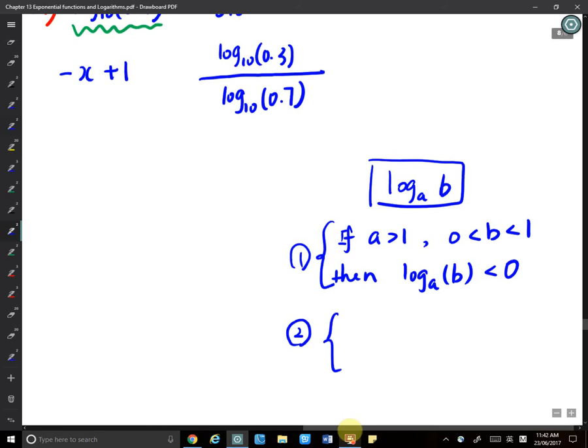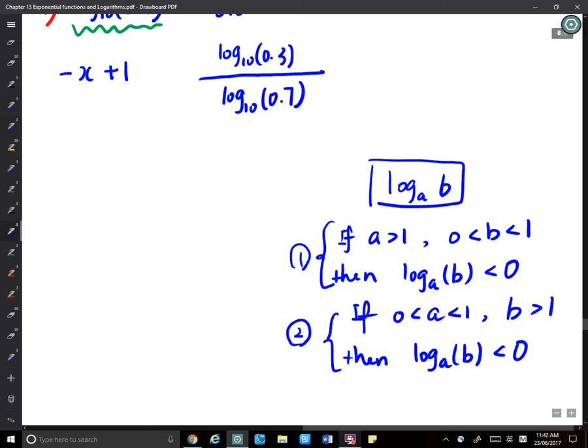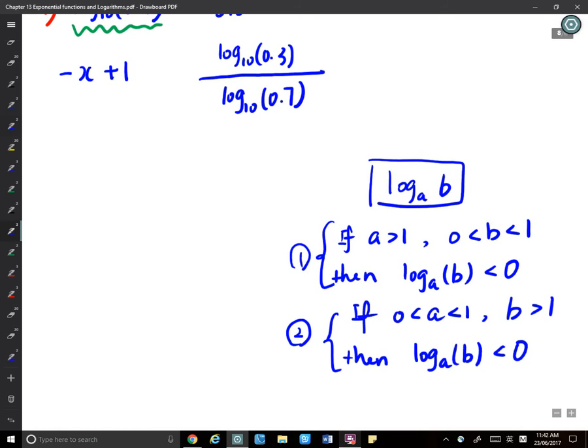Second case, if A is in between 0 and 1 and B is greater than 1, then log base A of B is negative. Basically, you just have two different sets of numbers, 0 to 1 and greater than 1. If they are not all greater than 1 or all in between 0 and 1, then that will be negative. If you have one greater than 1 and one in between 0 and 1, then this number will be negative.